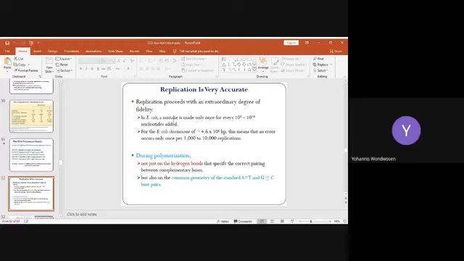That means it's very rare. For the E. coli chromosome of 4.6 times 10^6 base pairs, this means that an error occurs only once per 1000 or per 10,000 replications. It's very rare.